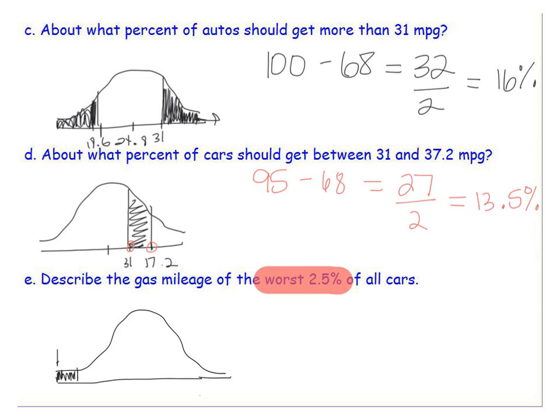So that's 2.5%. Well, remember, we always work with a balanced picture. So 2.5% also has to have a mirror on this side. There we go. So that is also 2.5%.